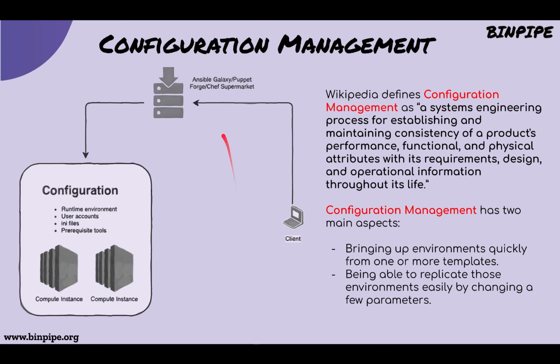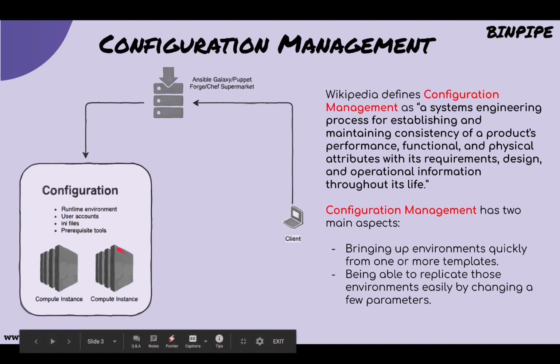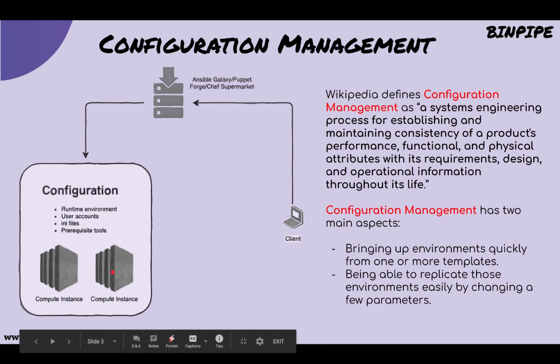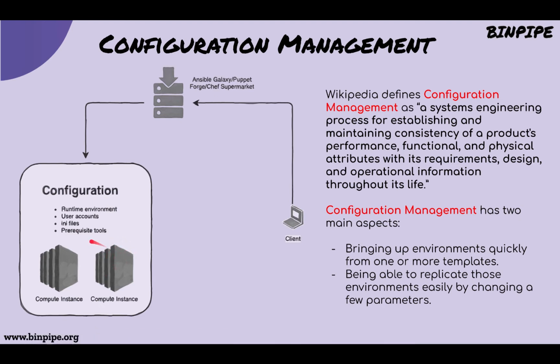Another thing is, if you apply the same change again, intentionally or by mistake, then Ansible would remember the state of the particular deployment or the application of that particular configuration. So it would not do anything if that particular change has already been applied.